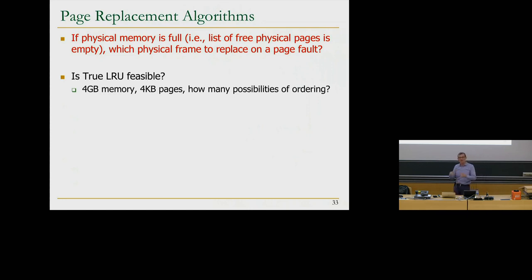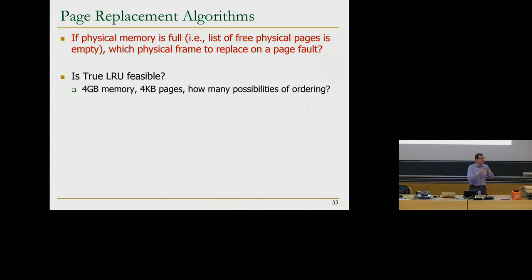If you really want to figure out which page is the true least recently used page, you need to maintain an ordering of all recency of use of each page. Now, that ordering is actually very complex. And we didn't do this exercise, but if you want to figure out how many possibilities there are of that ordering, that's 1 million factorial. Basically, there are 1 million factorial different ways you can order these pages, and all of them are possible.